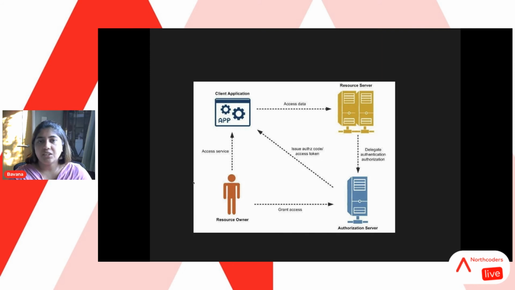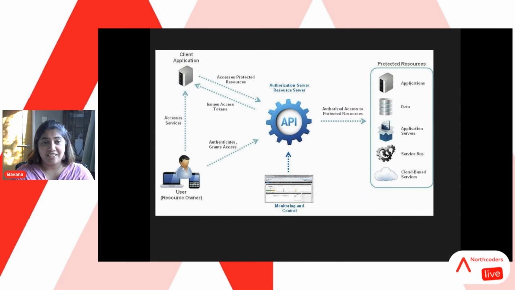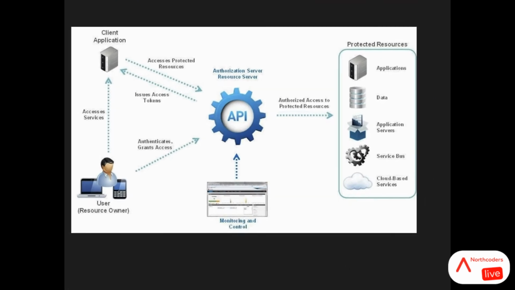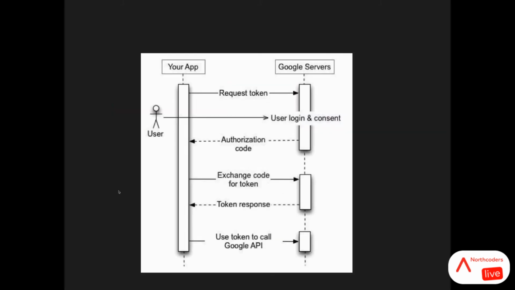So the resource server and the authorization server have an agreement beforehand with the client, and they give almost like a key to the client. I thought it would be interesting to see different ways of depicting this. There are so many different ways out there of depicting the exact same diagram. When you look at it, it's all the same thing.